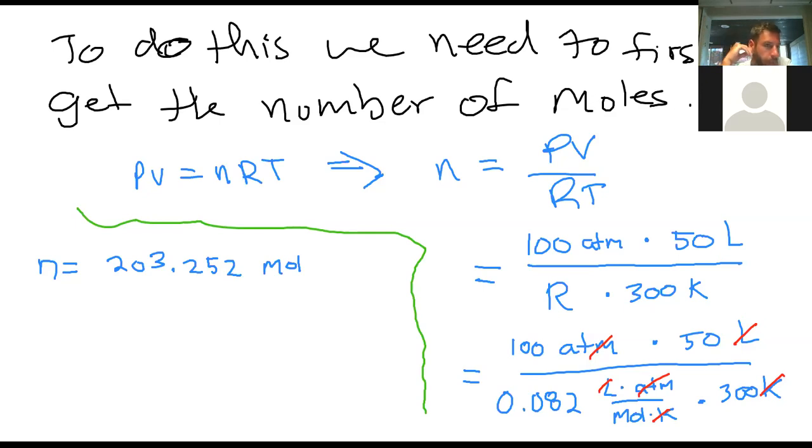Okay, so what does this give us? Well, this gives us the number of moles in our volume of 50 liters of oxygen. What we'd like to do now is get more information. Now that we know the number of moles, how do we compute the mass of the oxygen?